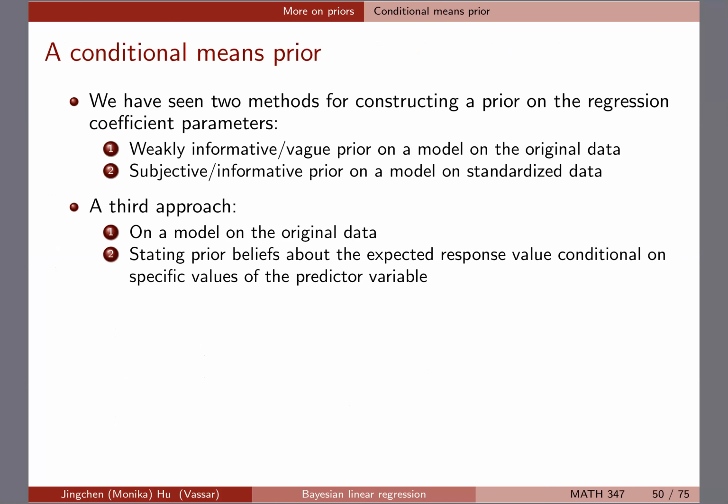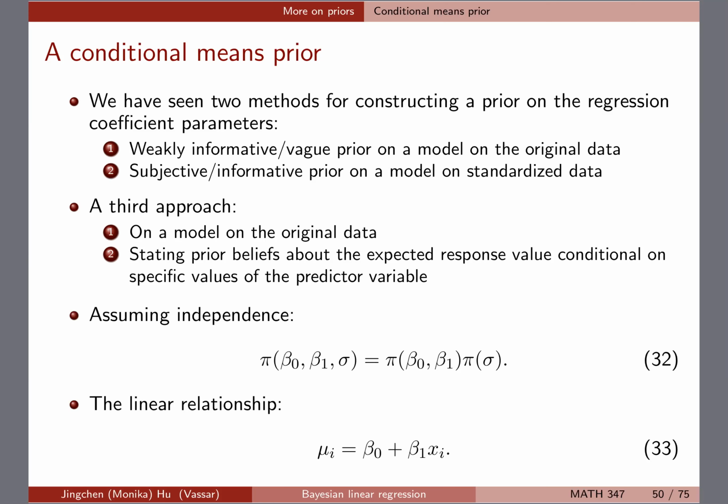We work on the original scale of the data and state prior beliefs about the expected response value, those mu, conditional on specific values of x. So instead of working with beta 0 and beta 1, we work with two sets of mu and x, because from there we can solve the equation for beta 0 and beta 1.